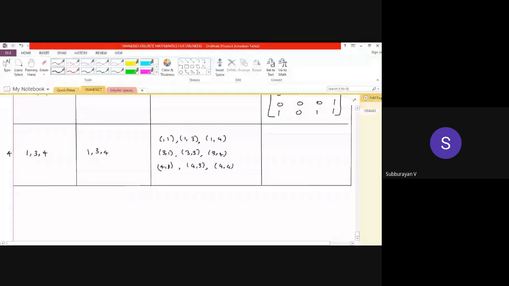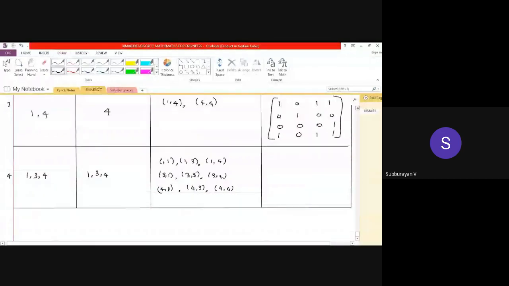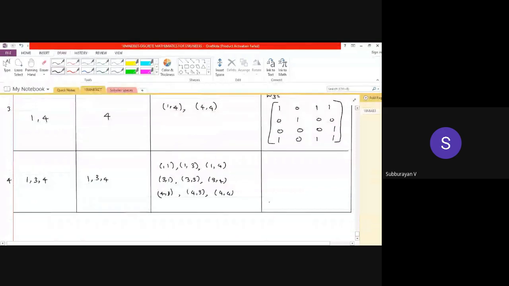Now form a matrix. 1, 1 is already 1, and 0. 1, 3 is 1 and 1, 4 is 1.